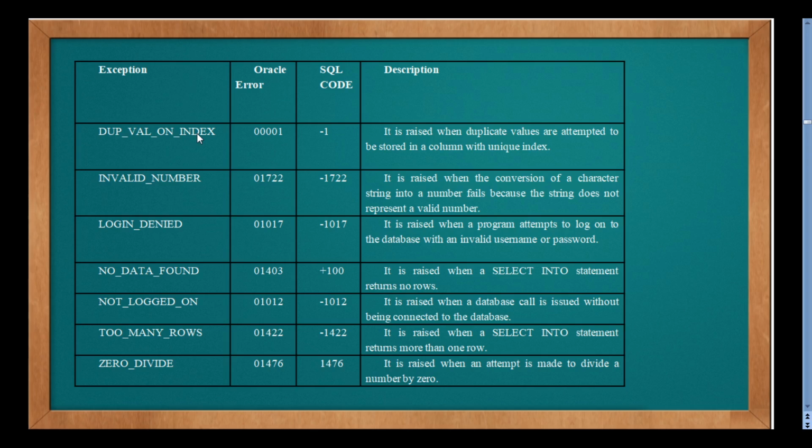Already we know that the implicit cursor only handles a SELECT statement that returns only one row. It does not handle multiple rows. For that purpose we create explicit cursors. So when a SELECT statement returns more rows, it raises the exception TOO_MANY_ROWS. And when you try to divide a number by 0, it raises the exception called ZERO_DIVIDE.